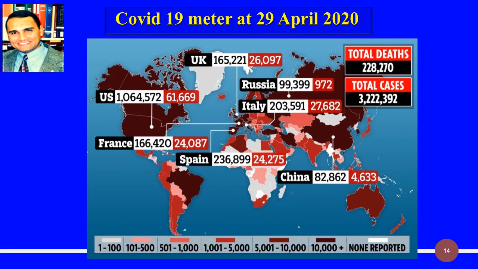These numbers are distributed all over the world, as in the United States with about 1 million infections, Russia 99,000, UK 165,000, and China 82,000. This analysis of the number of cases reported and confirmed in the laboratory gives us an idea about the distribution of COVID-19 throughout the world.